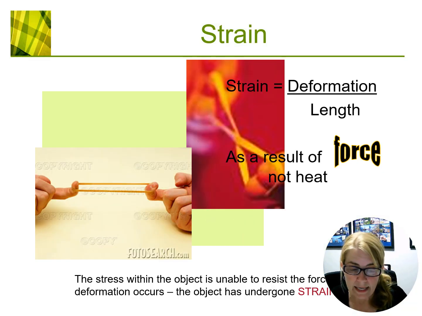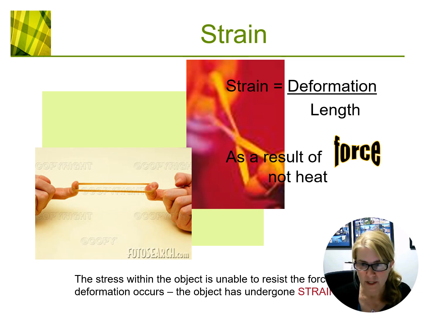So strain is a measure of deformation per unit length. So you have material, you measure the material, you apply stress. How much longer it gets is strain. You can overstress elastic materials and they give out. I like to think about this like our ponytail holders.